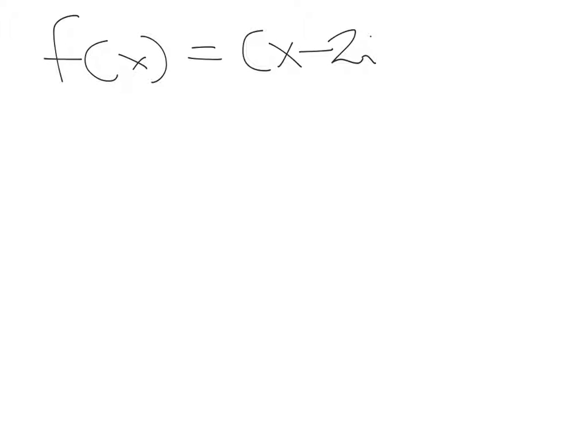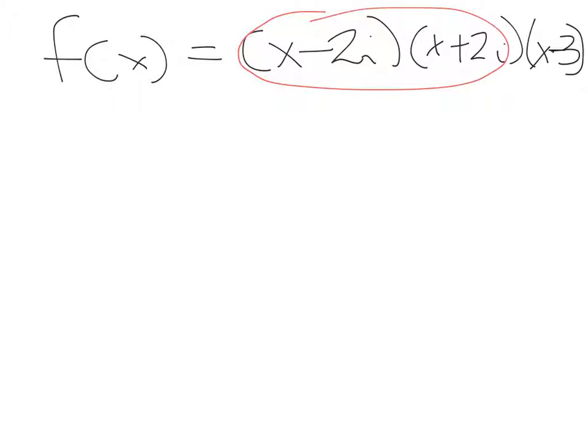Next problem on the first version said, write the function of degree 3 in standard form with zeros of 3 and 2i. So it's implied that if you know that 2i is a zero, so x minus 2i, that you also have x plus 2i, and then I have my x minus 3. I am going to FOIL these two together first.